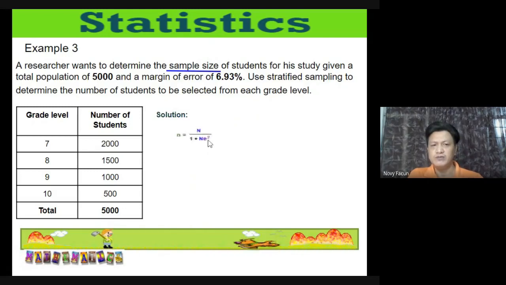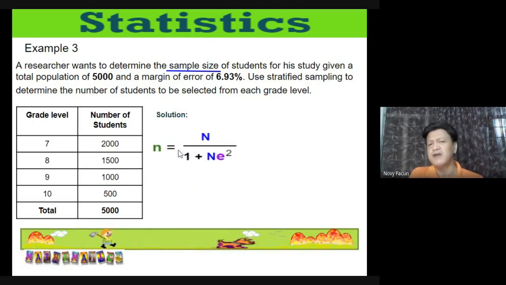Okay. So first, the solution, write the formula. We have n is equal to N over 1 plus N e square. Yung N natin dyan, yung capital letter, yun yung total population. Yun yung 5,000. Yung e naman natin dyan, yun yung margin of error. Yun yung 6.93%. Take note of this, ha. Pwede natin tong i-convert. Kasi nga yung e dyan, i-convert natin sa decimal para ma-substitute natin.